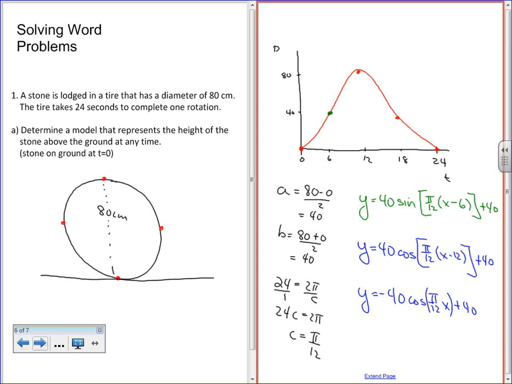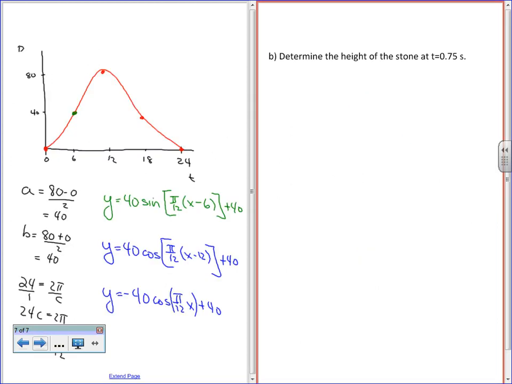And then the last thing you're going to be responsible for is figuring out the height of the stone at a certain time. So determine the height of the stone after 0.75 seconds. All you would do is use your equation. You do not have to give me both, you just give me one of these.